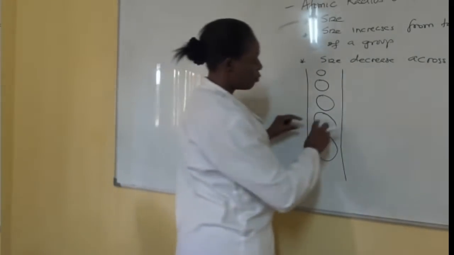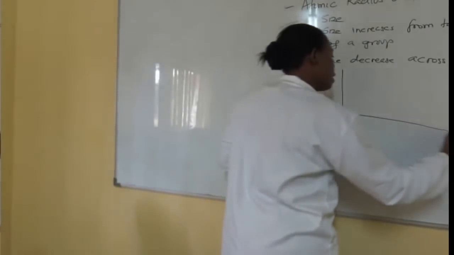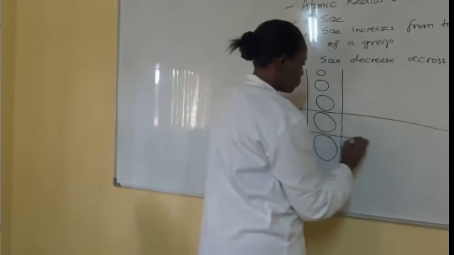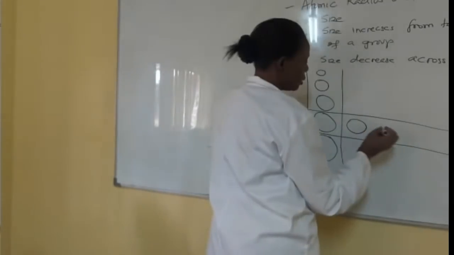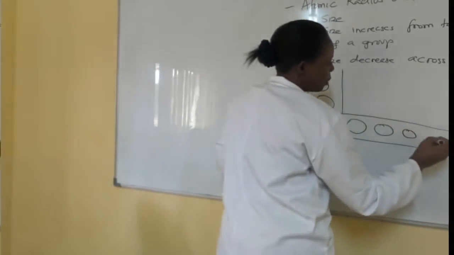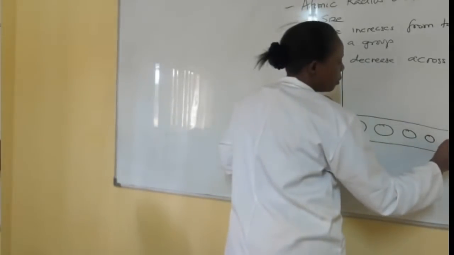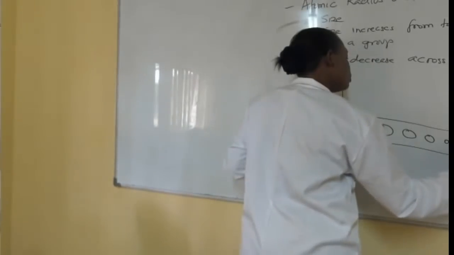And as you move across a period, so I can pick one period, for instance, I pick this one, size will gradually decrease, and so on.